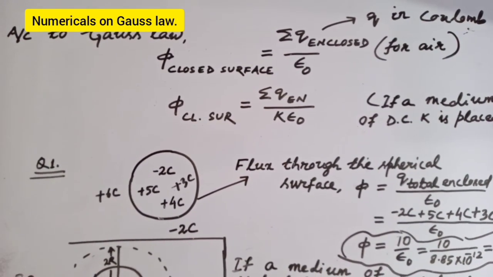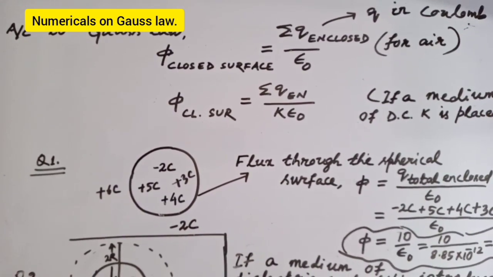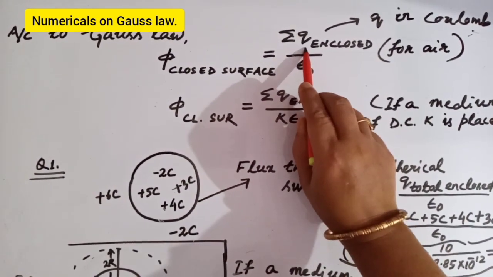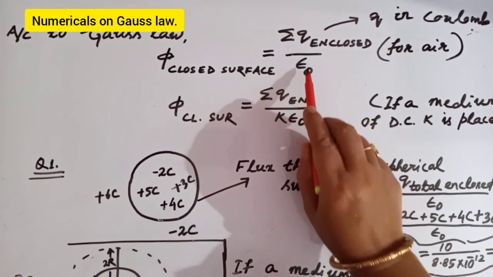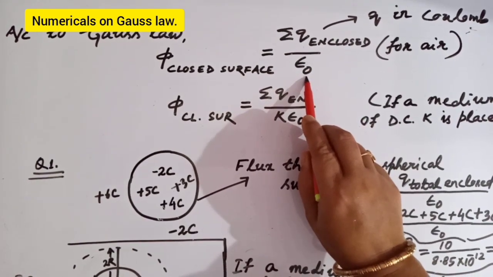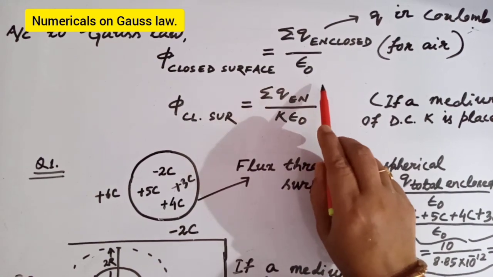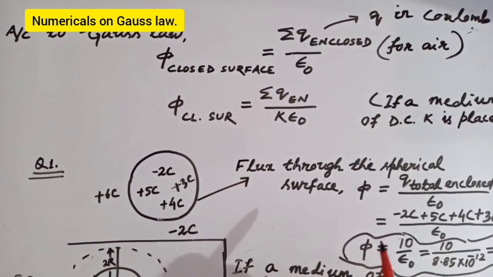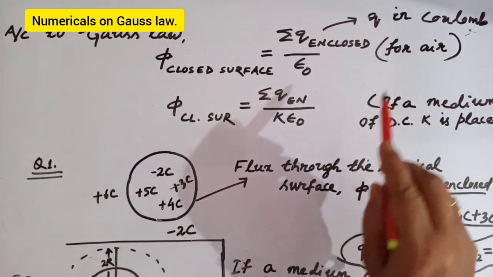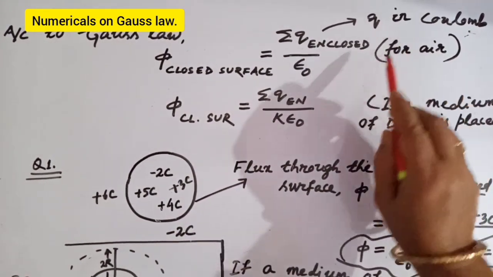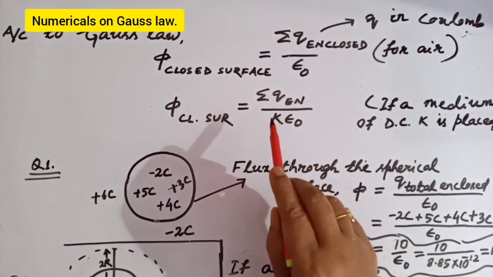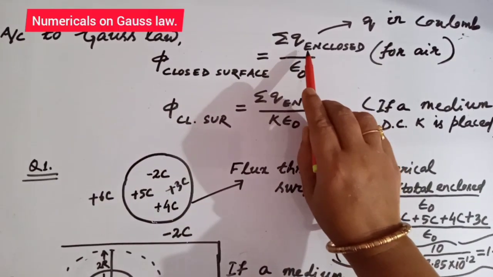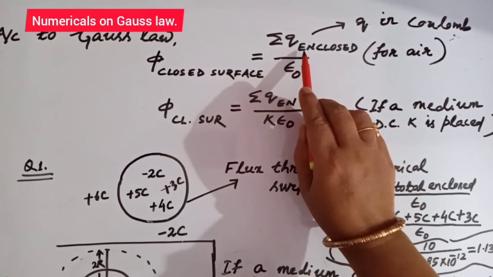The flux passing through a closed surface is equal to the total charge enclosed by the surface divided by epsilon naught. But keep in mind, here Q must be expressed in coulomb, that is in SI, because this formula has a different form if the charge is expressed in CGS.